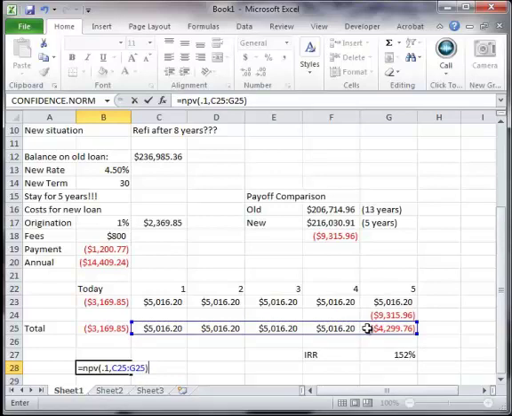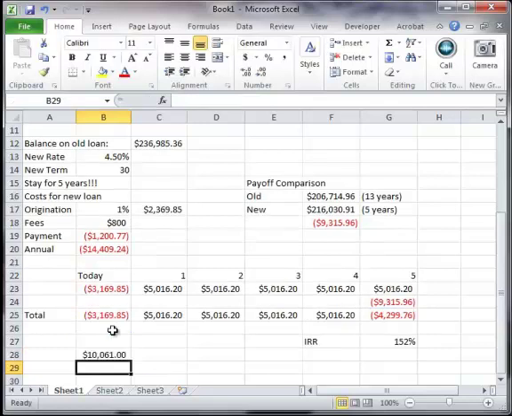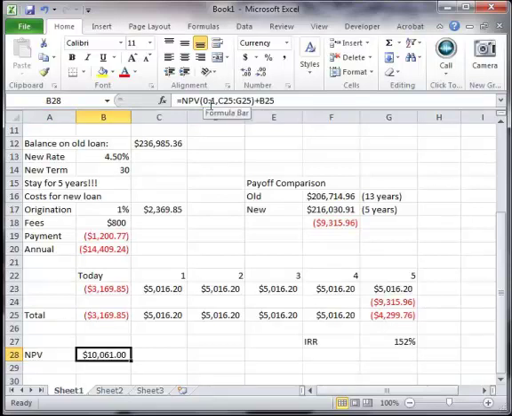In this case, we're going to add it since it's already a negative number. So we're going to add that $31,689.85, and we're going to end up with an NPV of $10,061. So this tells us that clearly we have a positive net present value, so we should, yes, go ahead and make this decision.